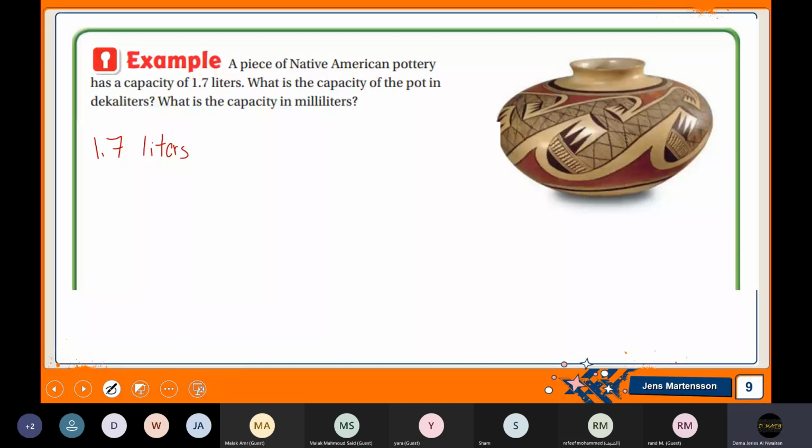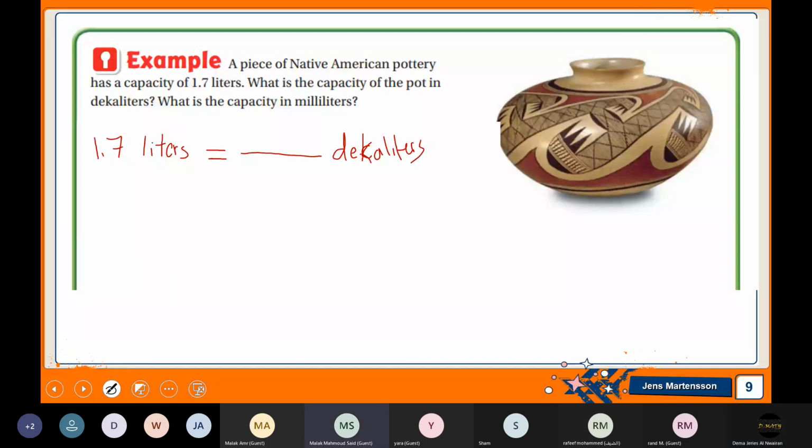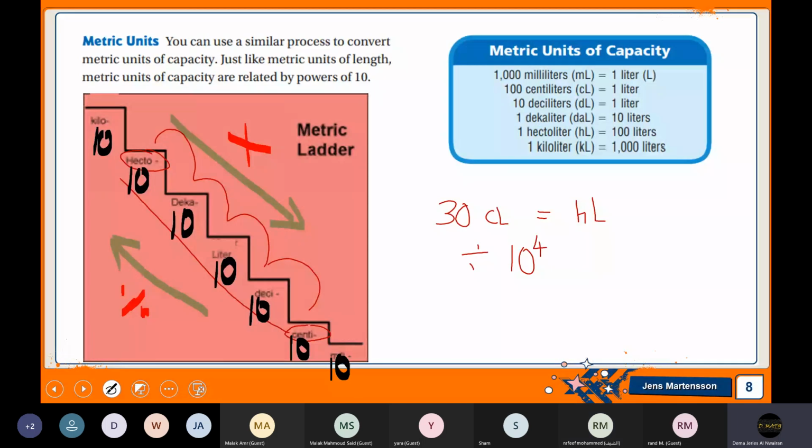What is the capacity of the pot in decaliters? Now, what will you do? You ask yourself, where am I now? I'm now in liters. Where do I have to go? To the decaliters.